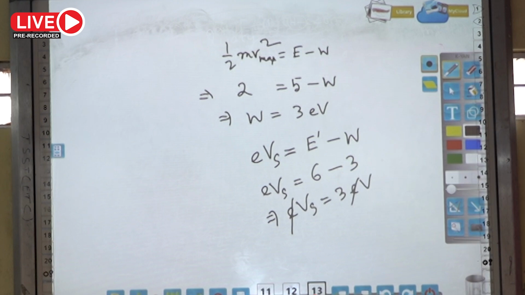So it will be minus 3 volt, A relative to C, that's why it is negative. Next, 41.